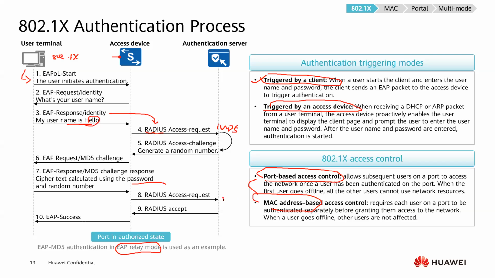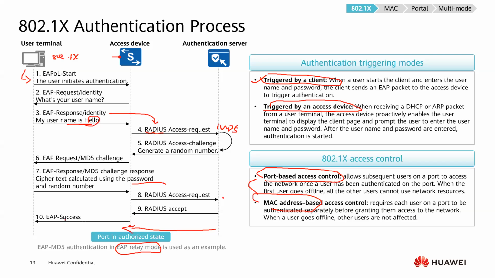If these two results match, it will accept this authentication. That means the authentication process is successful, so it will send the EAP success packet to the terminals. After this process, the terminals have passed the authentication, and the authentication server will also send the authorization information to the access devices, such as the ACL and the VLAN.